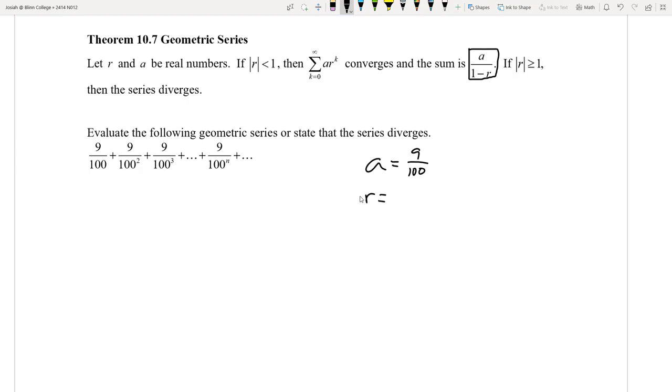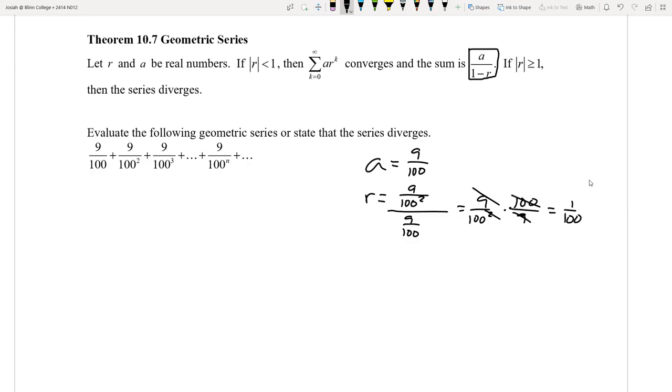One way of doing that is to imagine what you multiply by this to get to this. A similar way is to divide. We take one term and divide it by the term that came before it. So we'll have 9 over 100 squared, and if we're dividing by a fraction, we flip the fraction to multiply. And so we get 1 over 100.